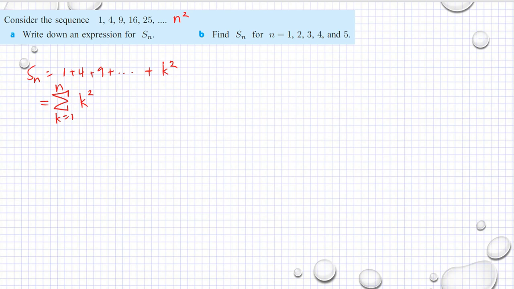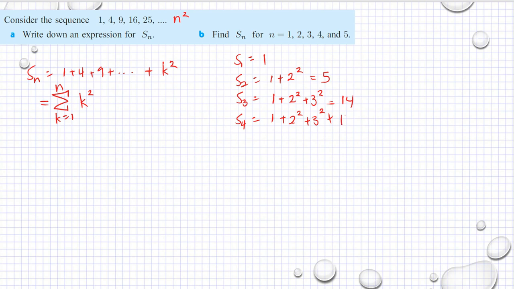Now, find s sub n for n equal to 1. S sub 1 is 1. S sub 2, we have 1 plus 2 raised to 2, that is 5. S sub 3, we have 1 plus 2 raised to 2 plus 3 raised to 2, that is 9, 10, 14. S sub 4 is 1 plus 2 raised to 2 plus 3 raised to 2 plus 4 raised to 2, and this is 20, and we have 30.